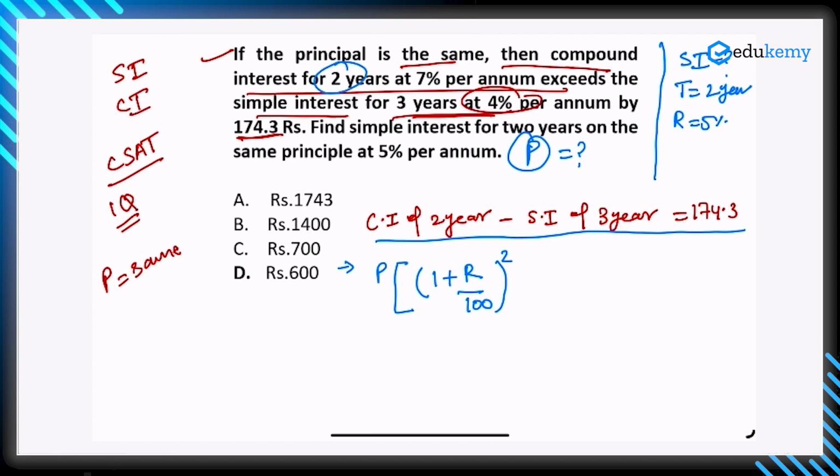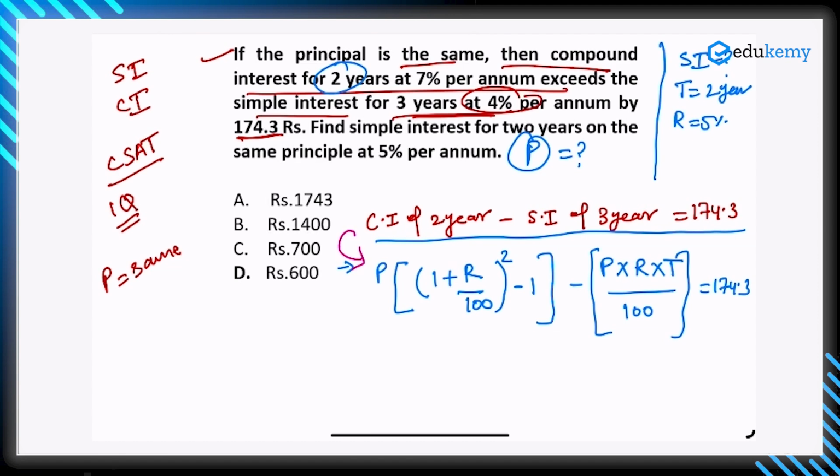Minus the formula of simple interest, principal into rate into time divided by 100, and it is equal to 174.3. This is given. अभी तक जो given है हमने वही लिखा है but we added the formulas in the given equation. हमने सिर्फ formulas को add कर दिया है.